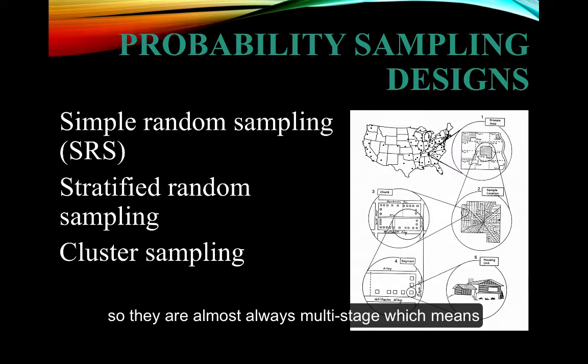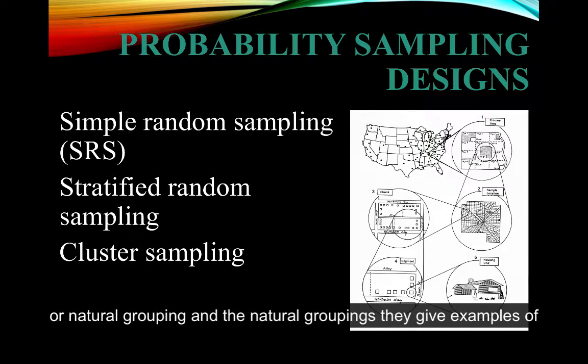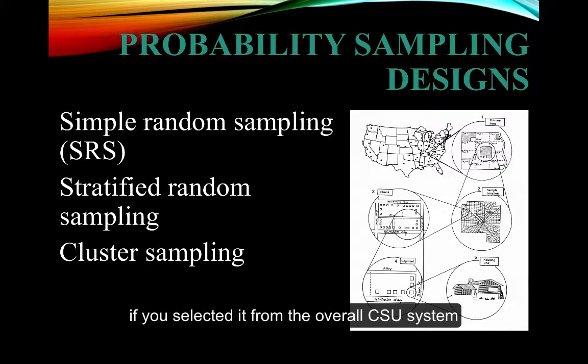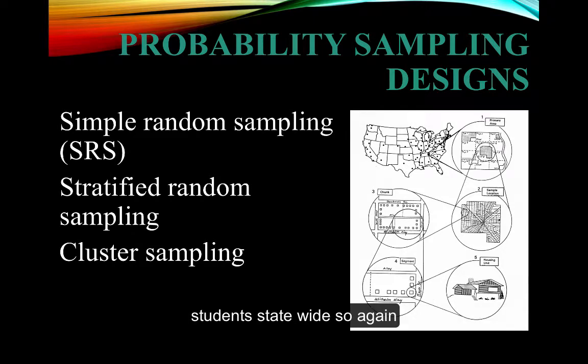They are almost always multi-stage, which means that independent samples are drawn from each cluster or natural grouping. The book gives examples of these natural groupings, but a university could be considered a cluster if you selected it from the overall CSU system, the overall population you're studying. In this case, CSU students statewide.